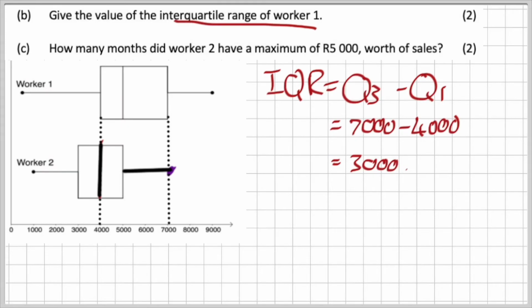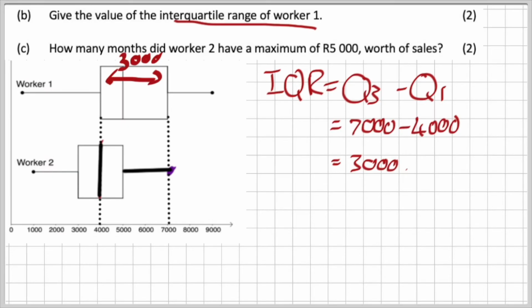It just kind of tells me that the middle 50% of your data is 3,000 apart from one another. Now, is it good? Is it bad? It's only good or bad or interpretable when I compare it to something else. In itself, we can't really say whether it's good or bad.